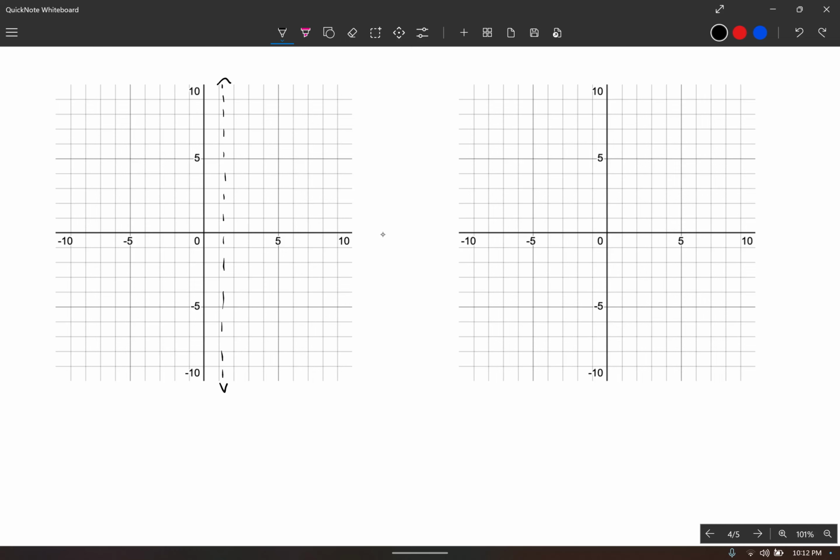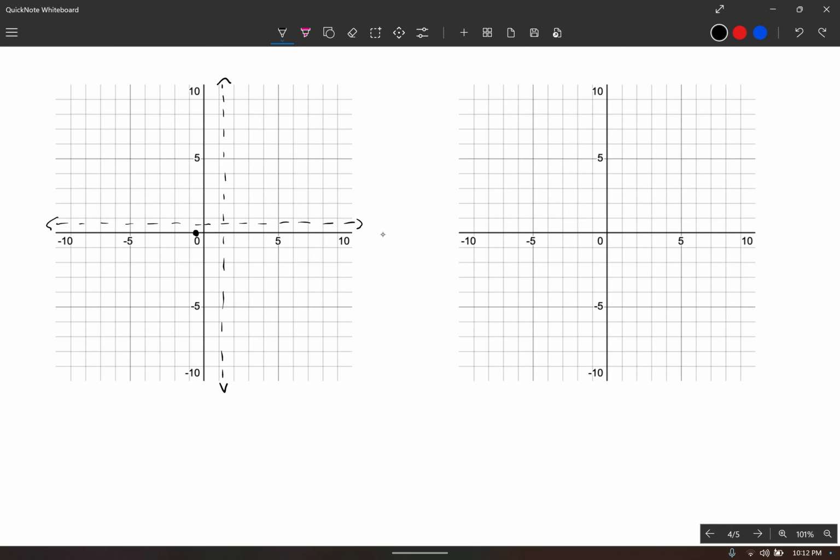So there's my vertical asymptote, and then I have a horizontal asymptote at 0.67. So that's a little over halfway. All right, the other piece of information I got was my x-intercept, which is at -1/2. So I can put a dot there for my -1/2.